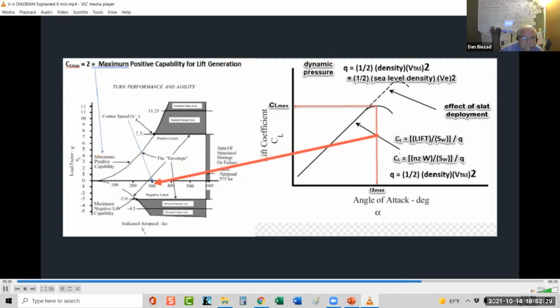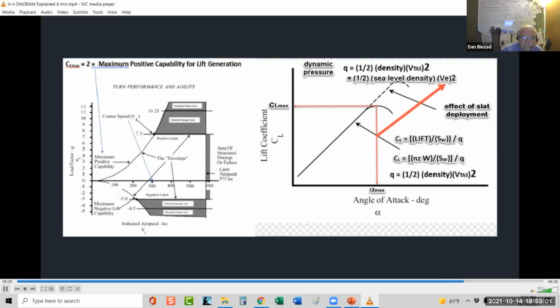If I multiplied by 3, then the 3 inside the radical will become 9, so I could pull 9 Gs. So if I tripled it to 300 knots, I'll be up here around 9 Gs, and that would overstress the airplane. So I can't do that because I hit maximum Gs at 7.5. So if NZ is 7.5, what multiple of my 1G stall speed would have to be in here to get 7.5?